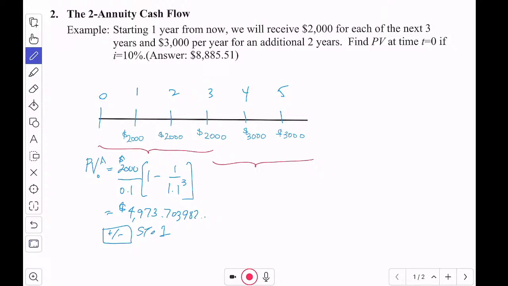Next, this amount, the 3,000 beginning at year 4, will be priced with the formula at year 3, one period before, and I'll call this B, and this is $3,000 for 2 years. So let's do that now.